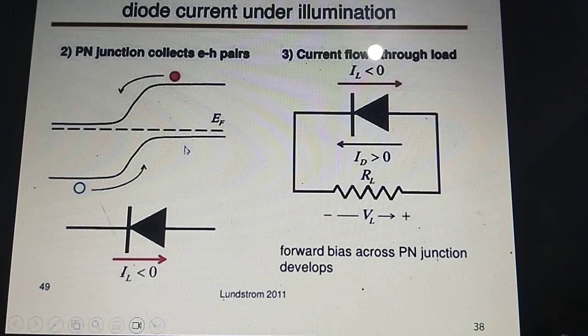So what will happen? Holes will start accumulating on the n side, and electrons will be accumulated on the p side.